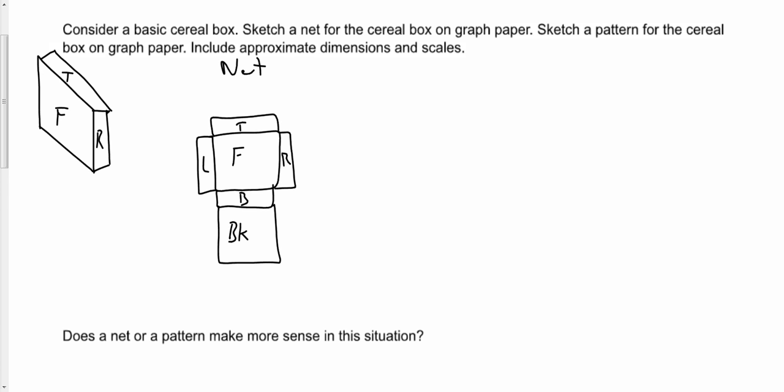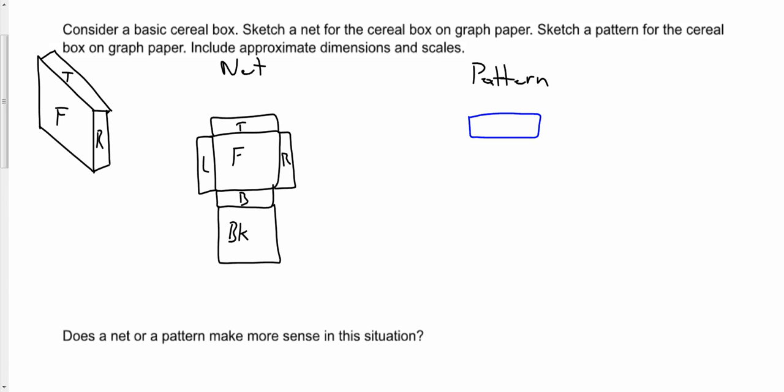and a back side. If I was to do the cereal box as a pattern, instead of all of those sides being connected together like they are here, if I was to draw this as a pattern, what I'd end up with is a piece like that.